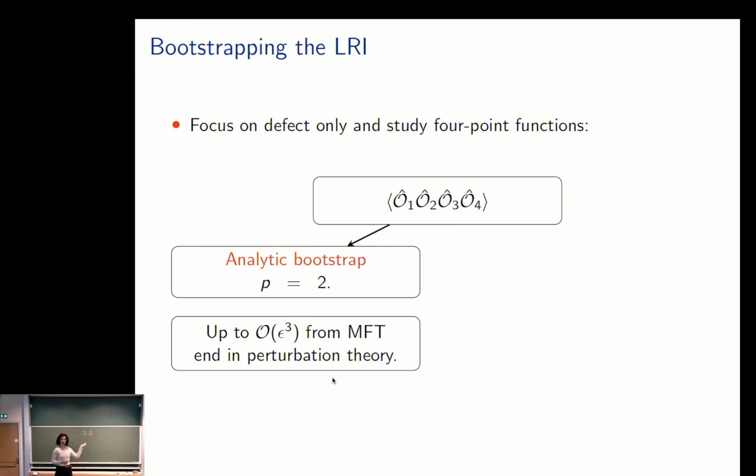And I will not go into details for this computation. If you want to know, I can always discuss with you afterwards. But this will give us quite a high order in perturbation theory, and I will show later on how this really improves the predictions with respect to only including order epsilon squared data. So that's dimension 2, right? Exactly, this is only in dimension 2.